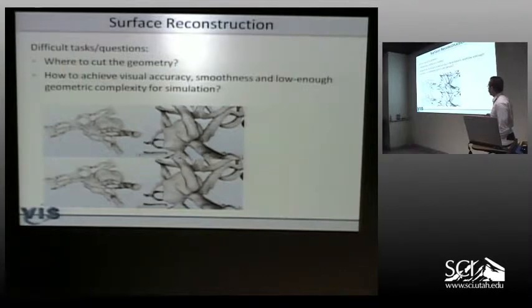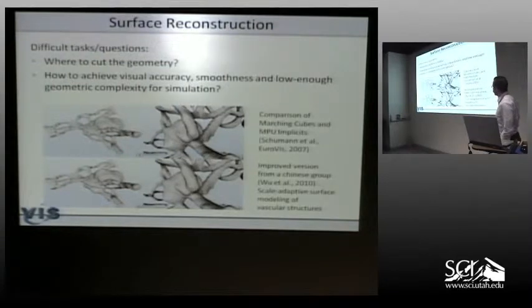Where to cut the geometry is a difficult task, where it is not always clear, also in the literature, what is a good recommendation. Also, how we can achieve visual accuracy, smoothness, and a low number of triangles as input for the internal meshing. These are some of the things we think about a lot.